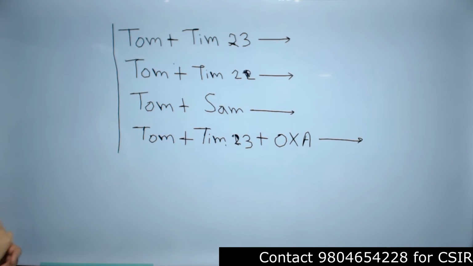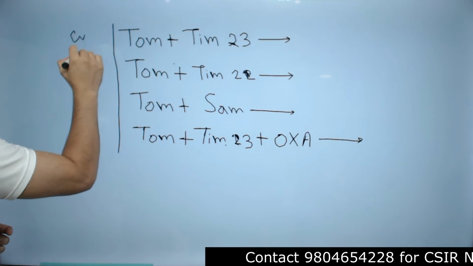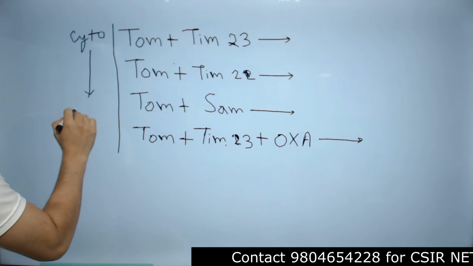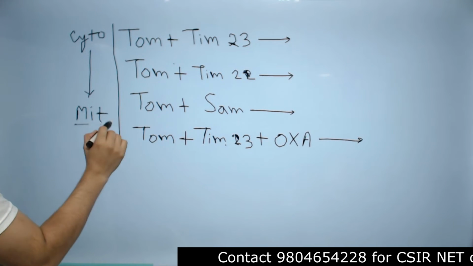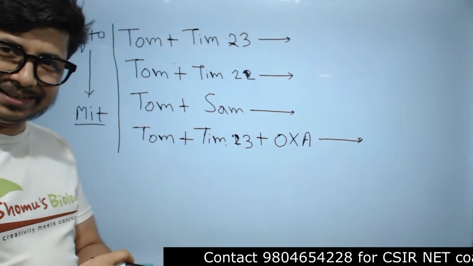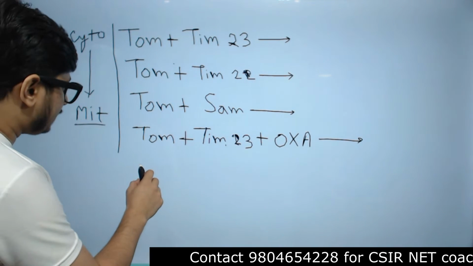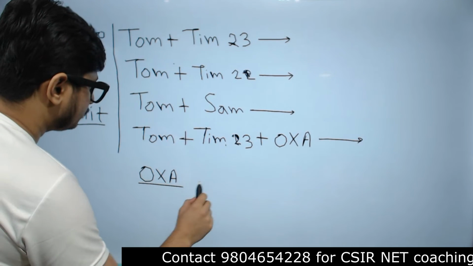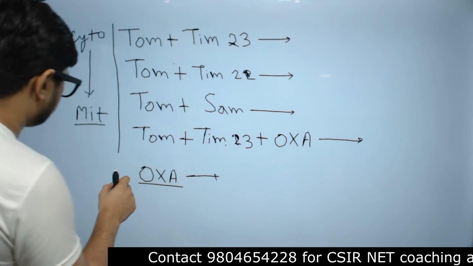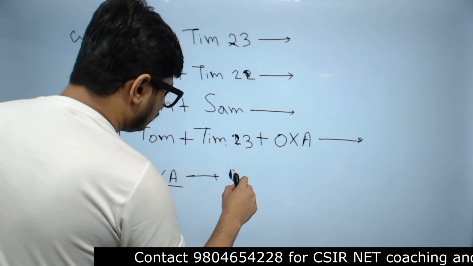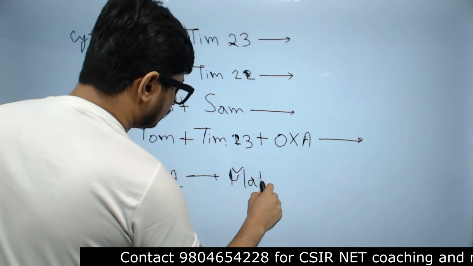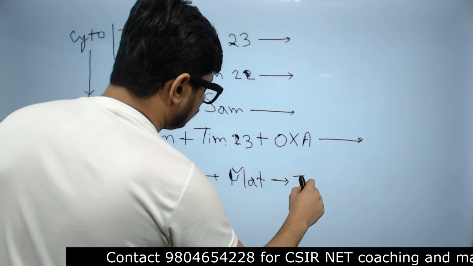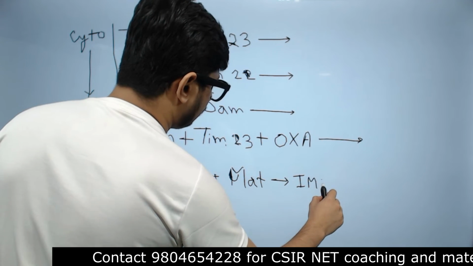These are all the approaches for bringing the protein from the cytosol to the different compartments of mitochondria, right? And the only case where we use OXA, only OXA, that will be involving a protein's movement from the matrix to the inner mitochondrial membrane.